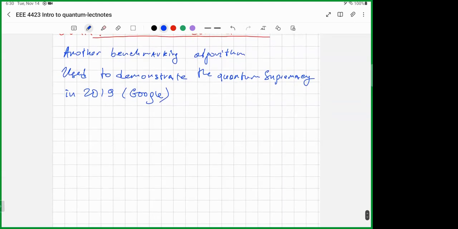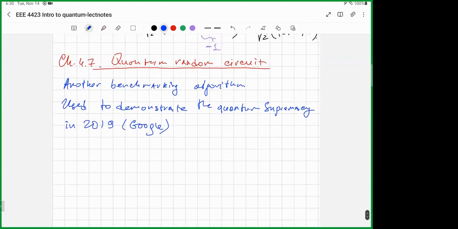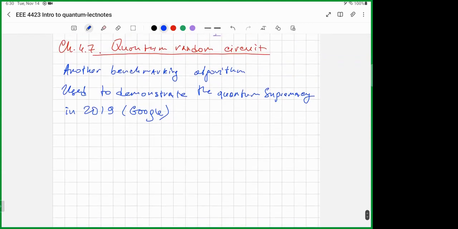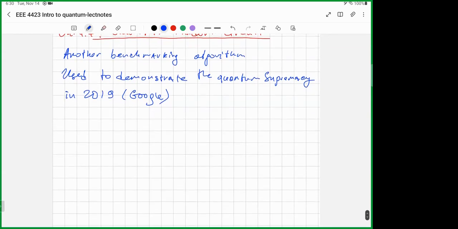So what is this about? It's not really an algorithm. It's rather a circuit with a number of unitary operators. Let us draw them, for example, like this.